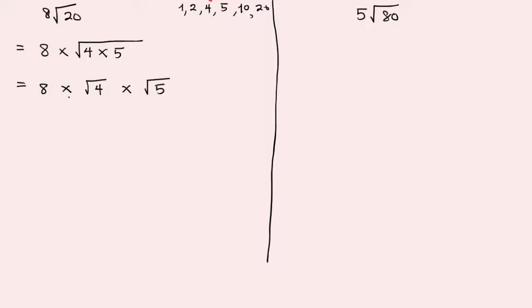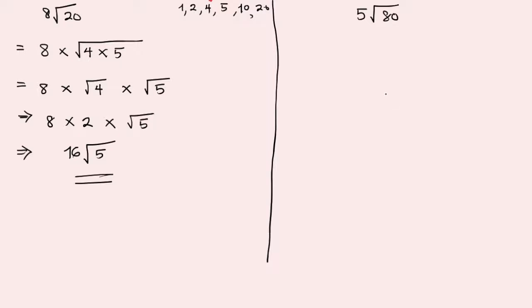Now we know that the square root of 4 is 2, so this becomes 8 multiplied by 2 multiplied by the square root of 5. So we can go ahead and multiply these two. 8 times 2 is 16. And then we have root 5 there. So that is the final answer.